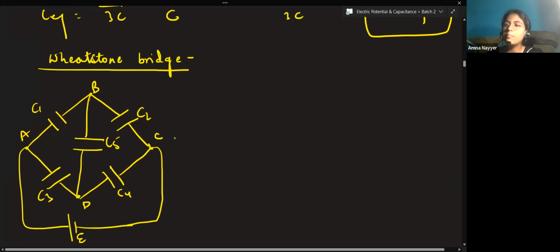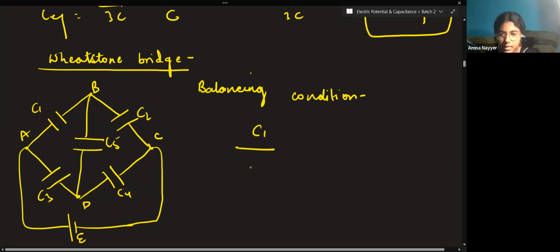Now, under balanced condition, when do you call it a balancing condition? If you take out their ratios and equate them. For example, C1 divided by C2 is equal to C3 divided by C4.